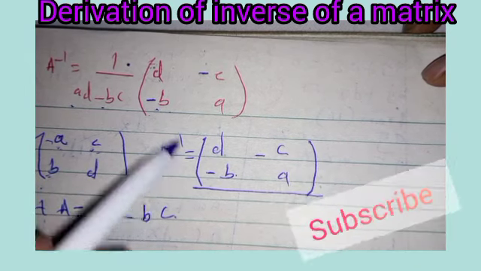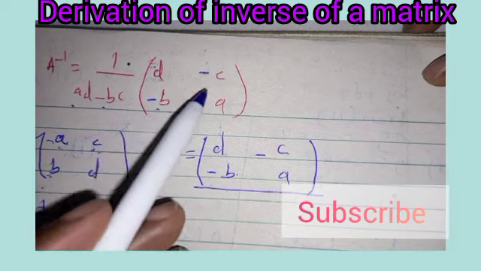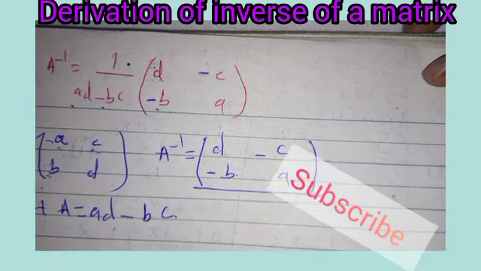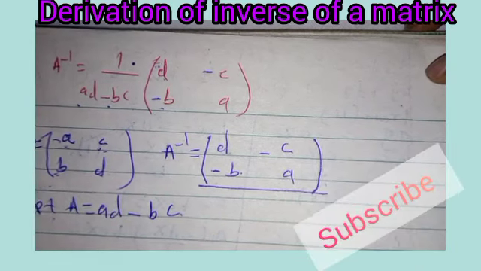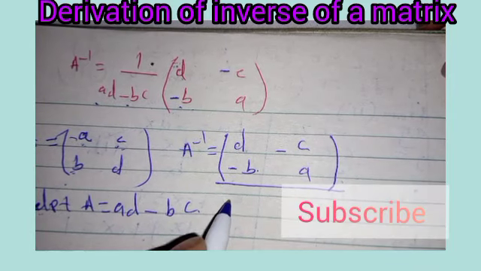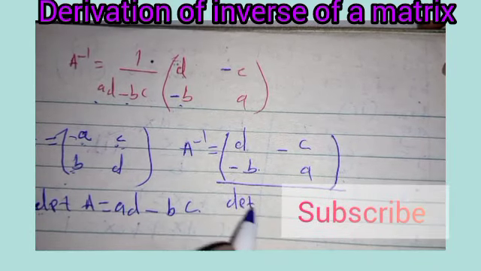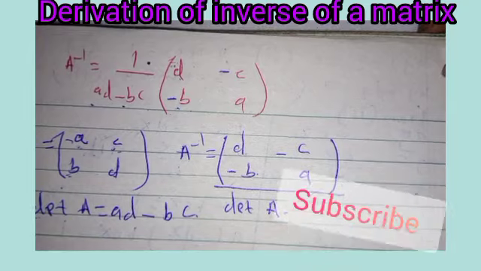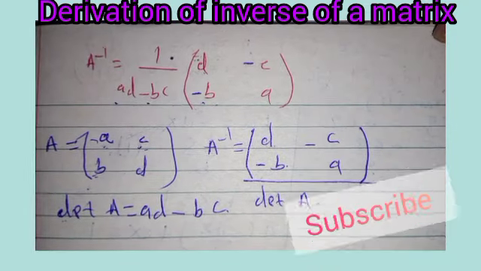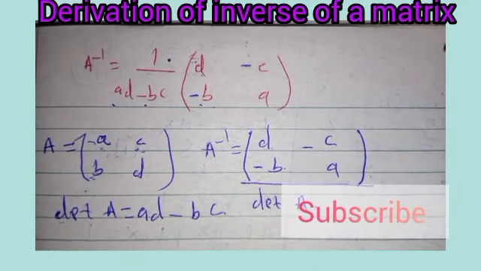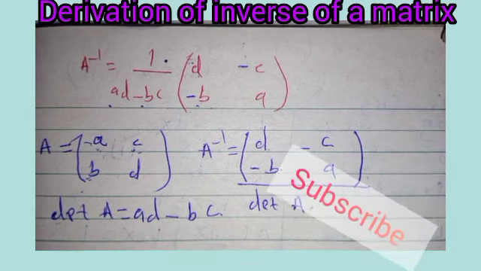Then you change the sign of the entries on the other diagonal. And you divide everything by the determinant of A.